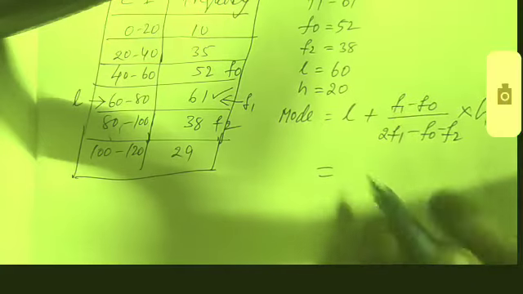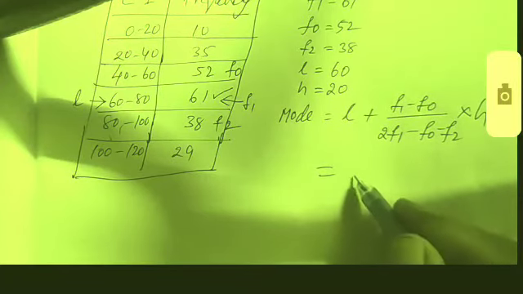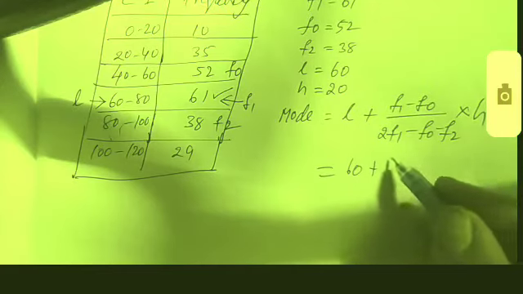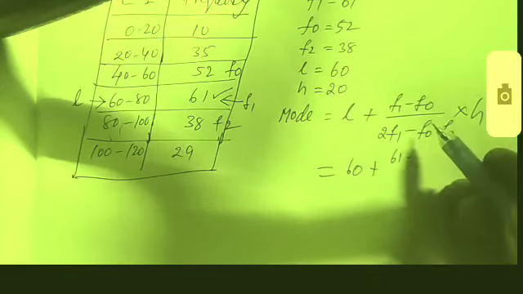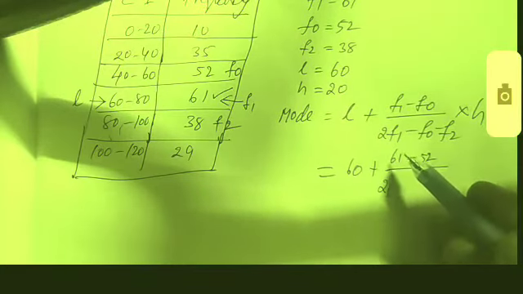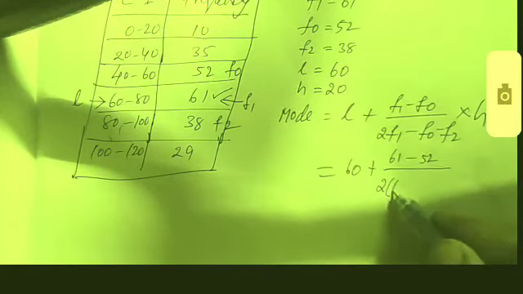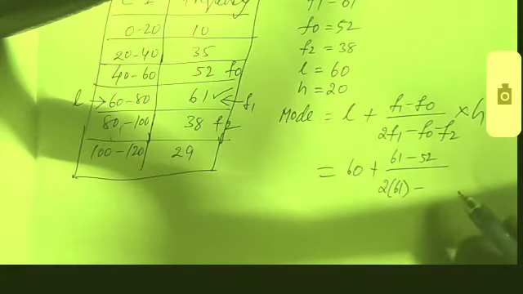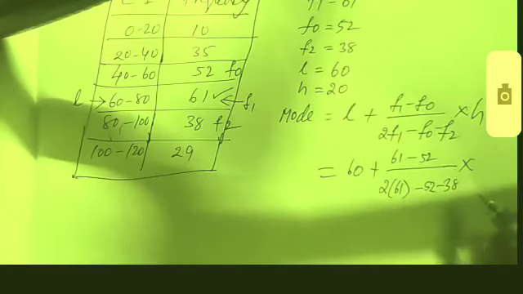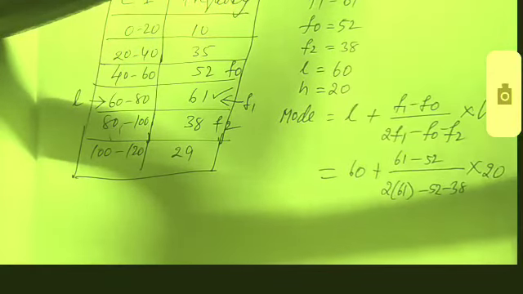Now I substitute the values. L means 60, plus 61 minus 52, by 2 F1 minus F0, that is 52, minus F2, that is 38, into H means 20. So I have substituted all the values in the formula.